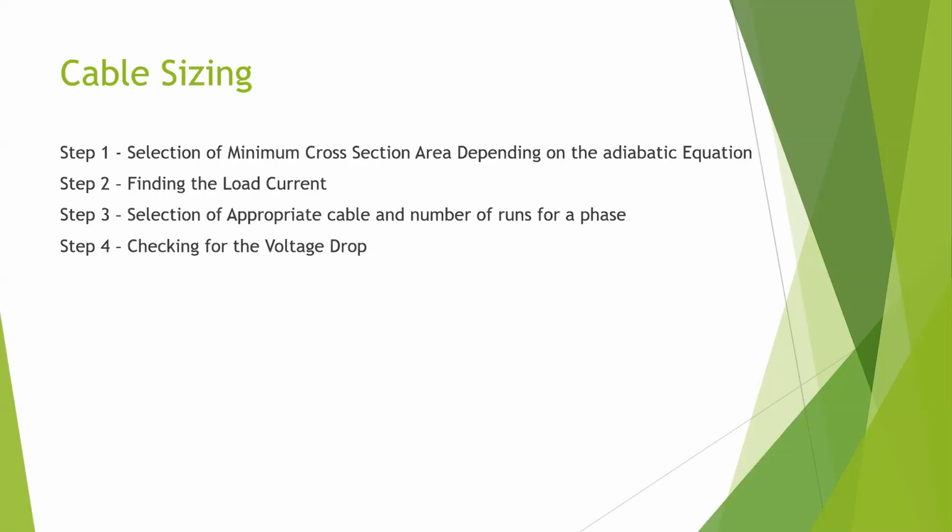We are going to see how to find how many runs we need. But if the runs are more than 2, we go for another, slightly larger conductor, so the cost will be optimal.